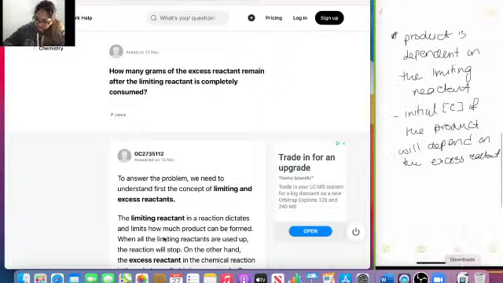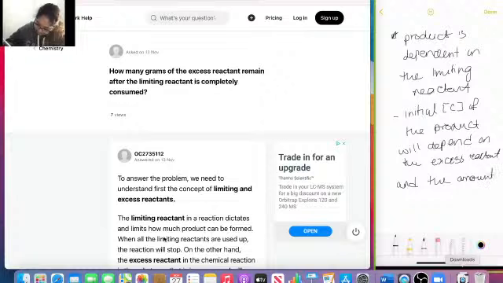Sorry, I don't know why I wrote antonyms. And the amount of limiting reactant consumed. Okay, so this is basically the relation between a limiting reactant, excess reactants and the product.